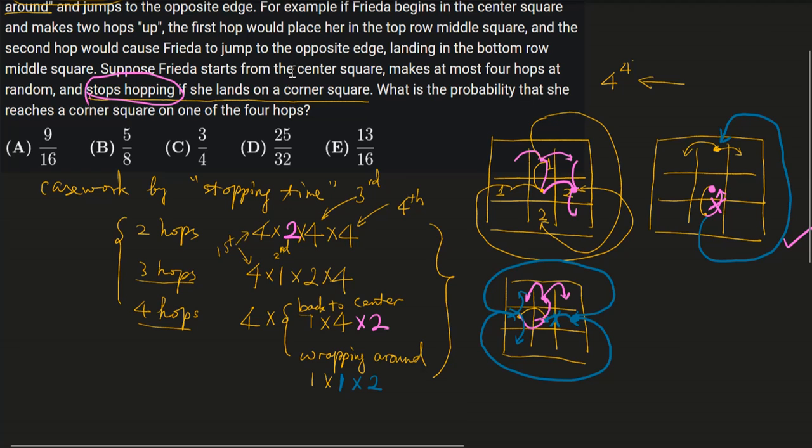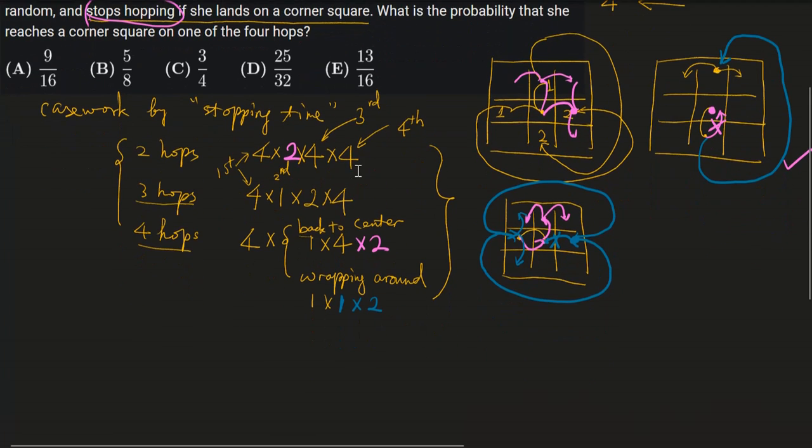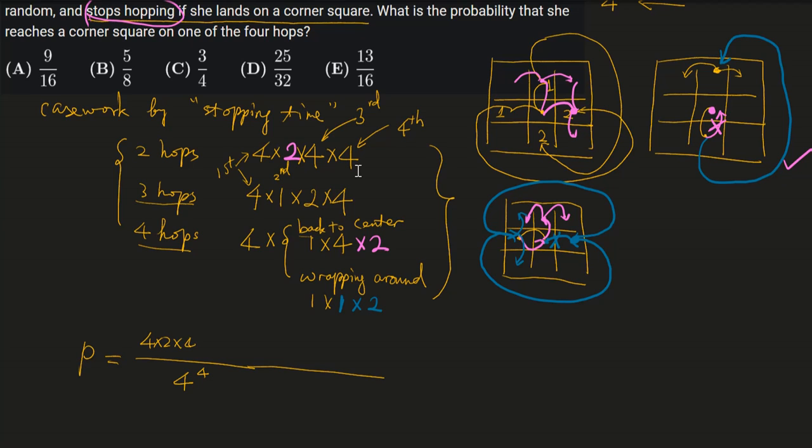So now let's calculate the probability. For the probability, we know that the denominator is 4 to the power of 4. And the numerator is 4 times 2 times 4 times 4. That's the first case.